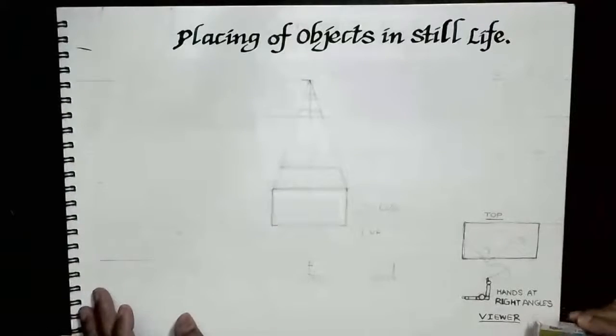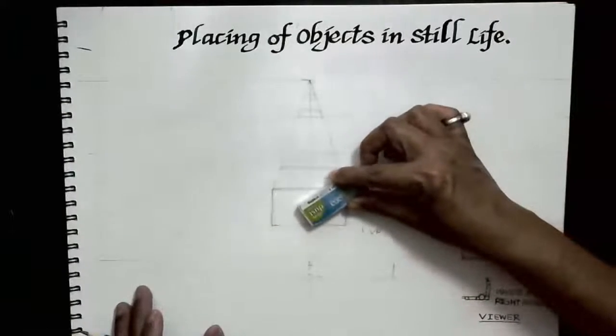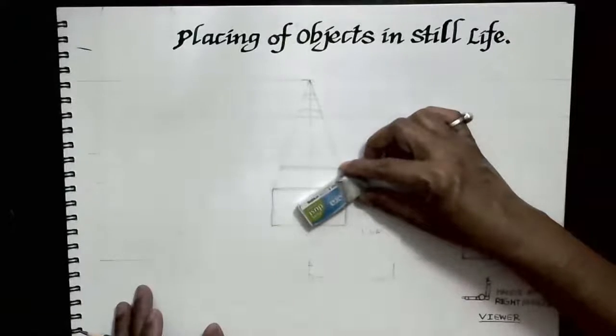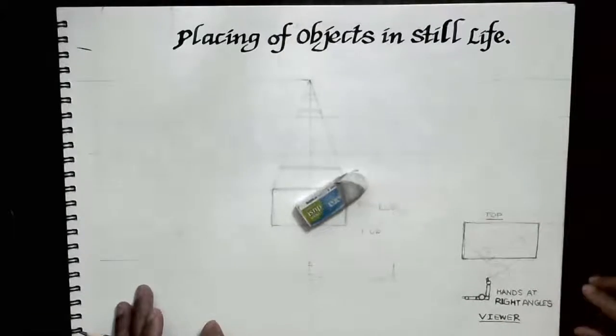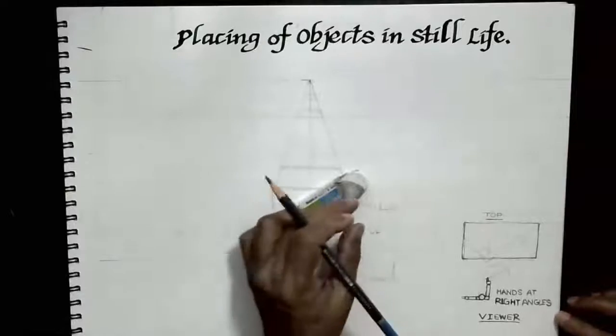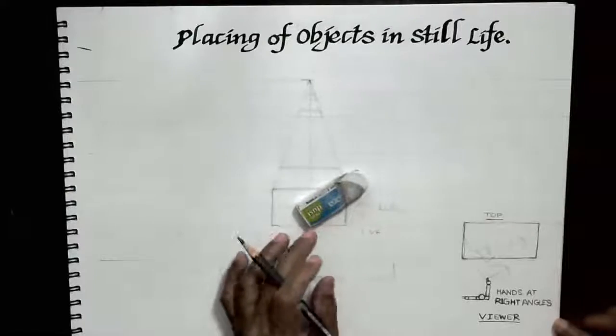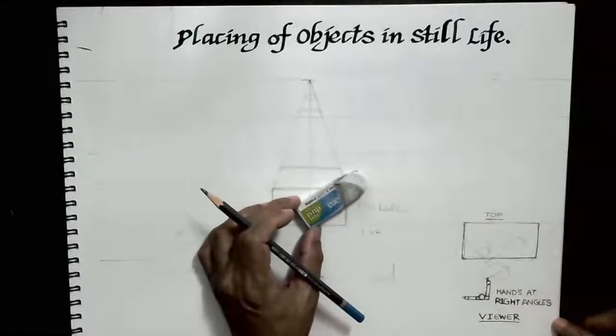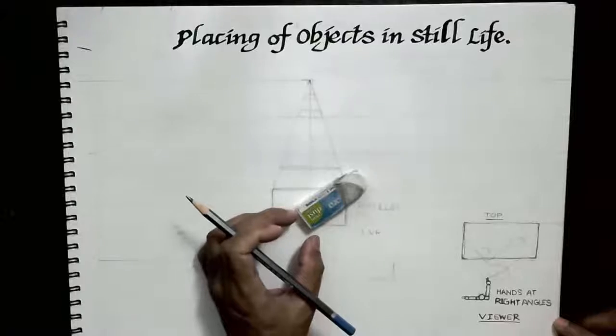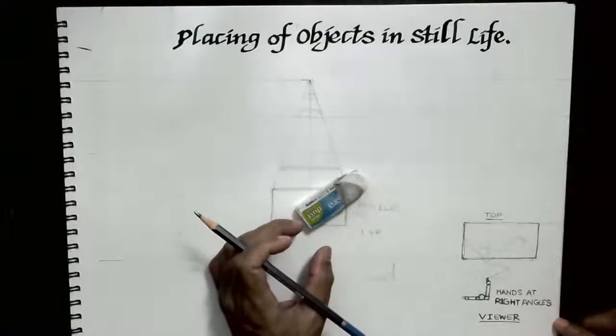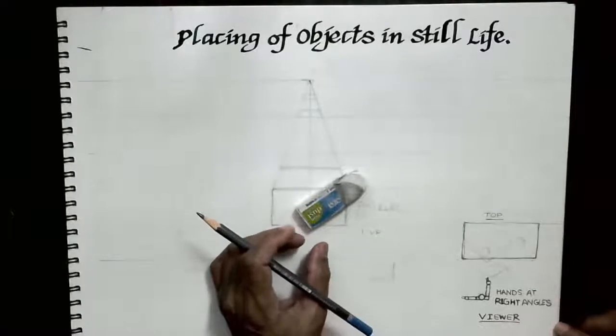Now, suppose the object is placed like this, for example the table on which all these still life items will be laid is at an angle like this. When it is at an angle, how do we go about drawing it? There is one thumb rule.